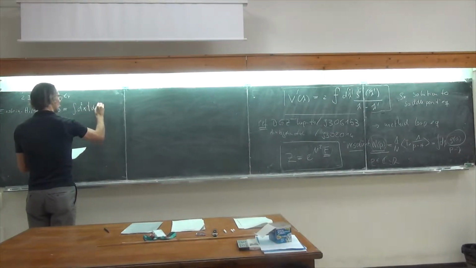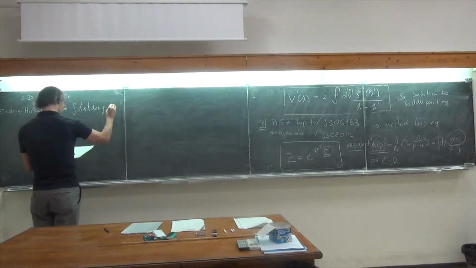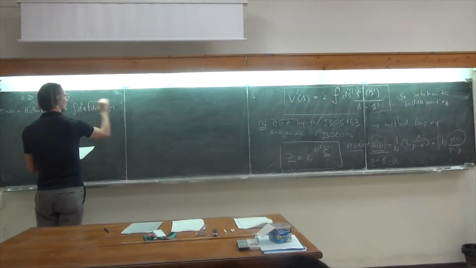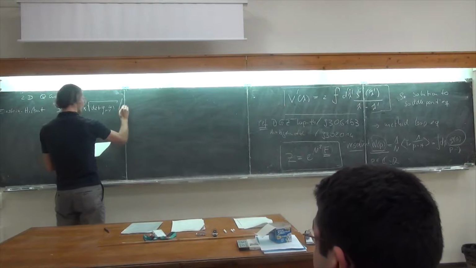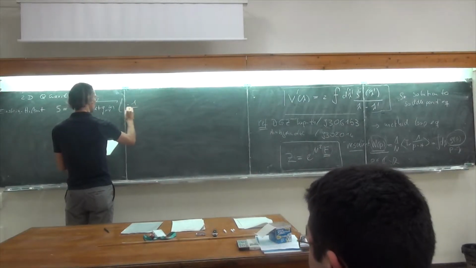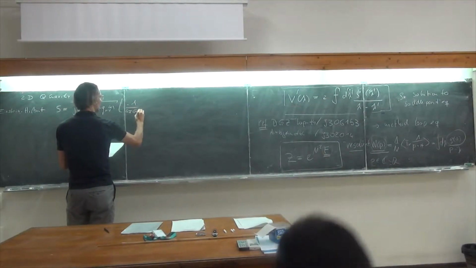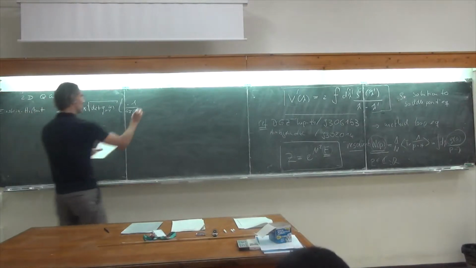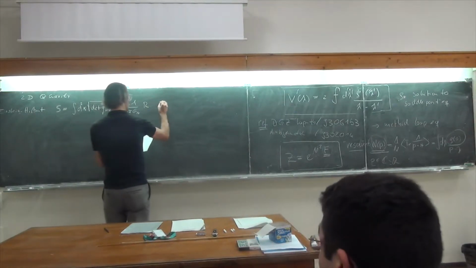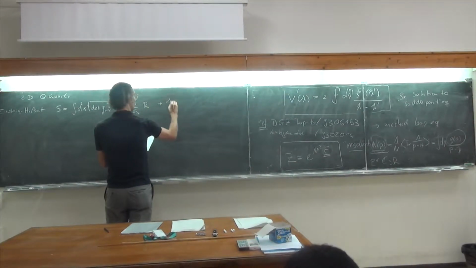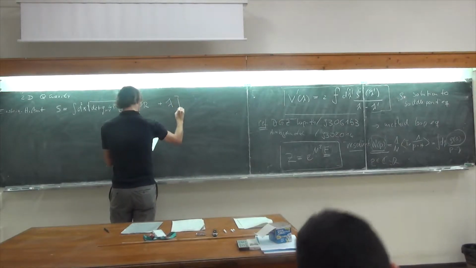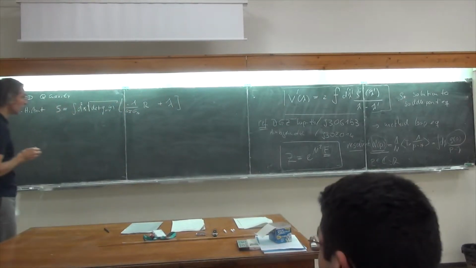So we have a metric, g mu nu, that depends on x, of course. And then we have here some coupling constants, Newton's constant, we have a Ricci scalar, and let me also add a cosmological constant here.